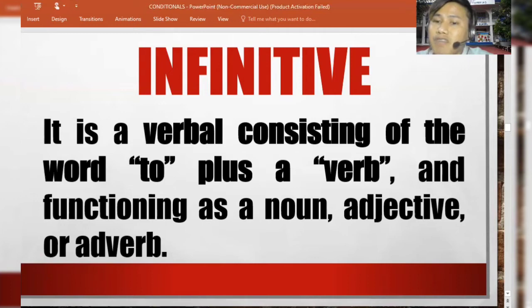So whenever you make use of to before a verb, you have to make sure that your verb is in the base form, and functioning as a noun, adjective, or adverb. But let us not be confused later on in our examples, because later on we will not be encountering the word to in our examples. All right.